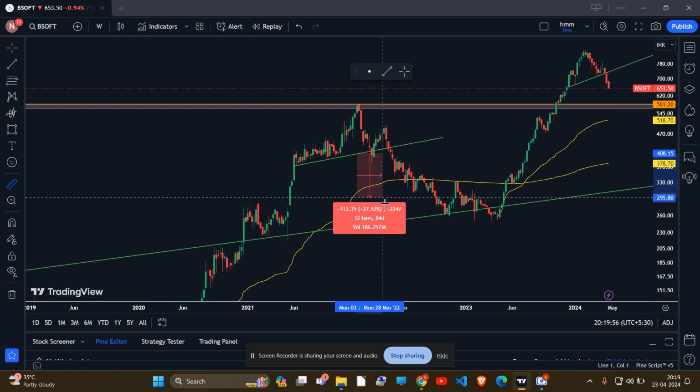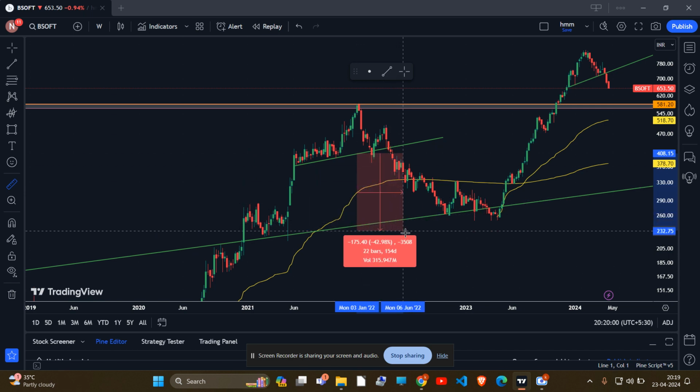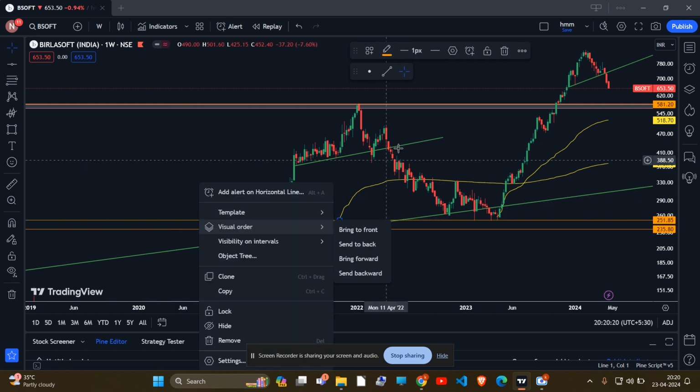So 175 rupees from here would be somewhere around this point. That is around 233 rupees. Yeah, the stock did fall, but it fell till 255 rupees.